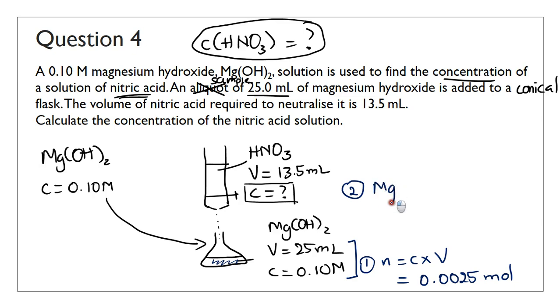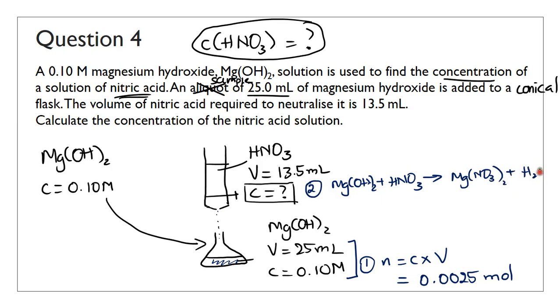So the reaction that happens when you mix nitric acid and magnesium hydroxide together is, all right, I probably need more space than that. Let's just write it here. So Mg(OH)2 plus HNO3 going to Mg(NO3)2, oh geez, okay, and then water.